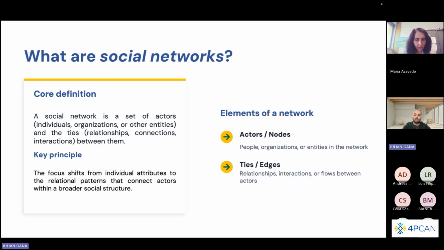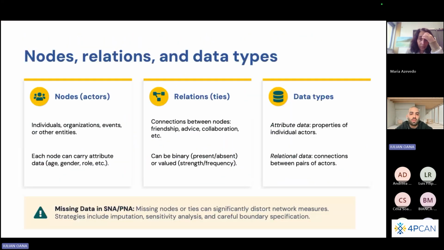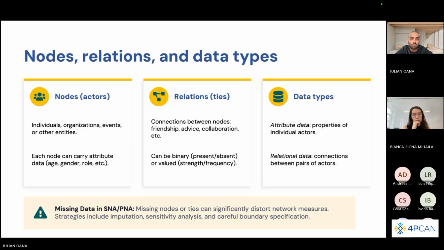Given these two big categories of elements, we deal with two data types. So we have attribute data, the properties of individual actors, and relational data, which are the properties of connections between the pair of actors.